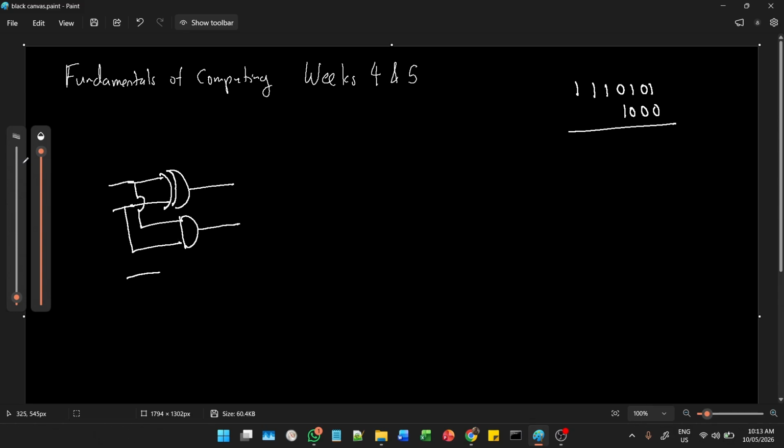Along with that, now we have a C. So the C goes over here, makes an exclusive OR gate here. Connect with this to make an AND gate. This line and this line makes an OR gate, right?